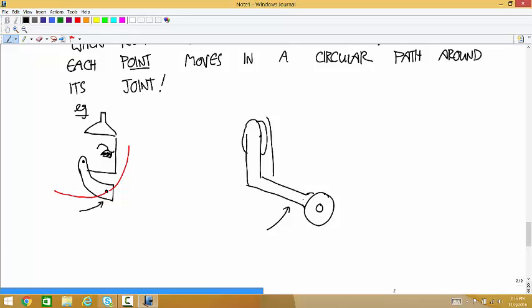Every point on your arm, if this is the middle of your elbow joint, every point on your arm is moving in a circular path around your elbow. Come on.